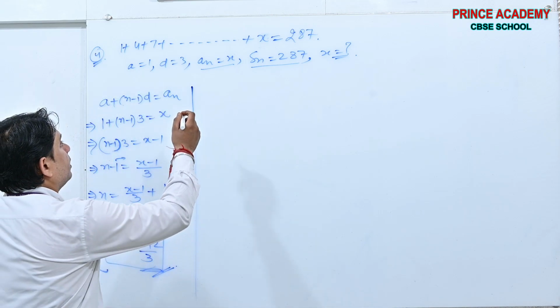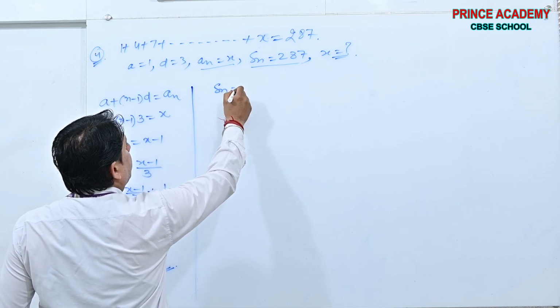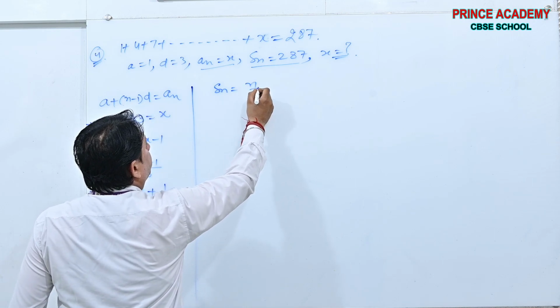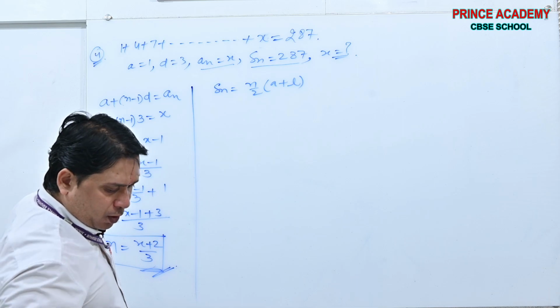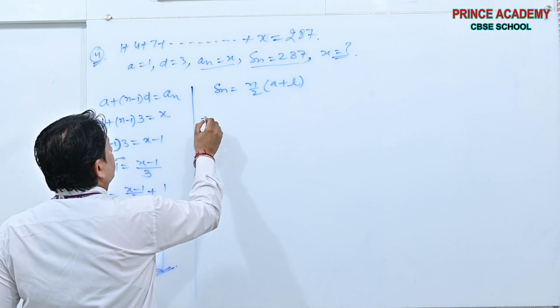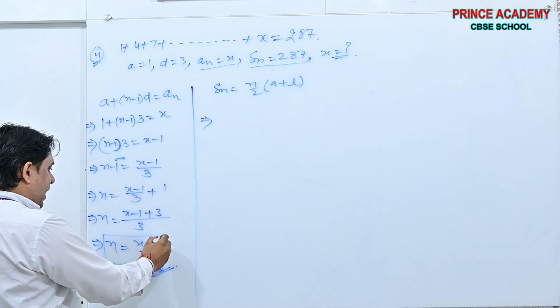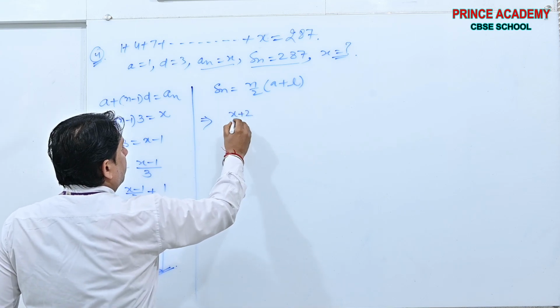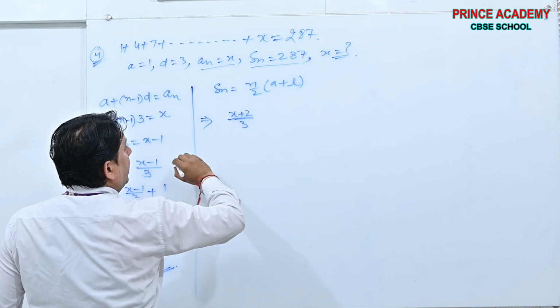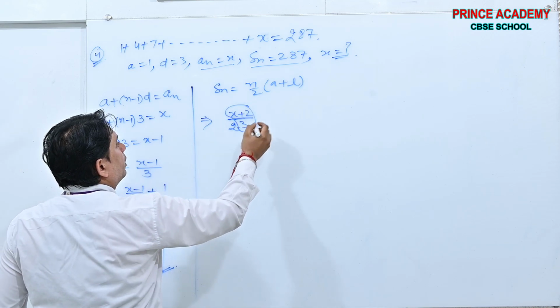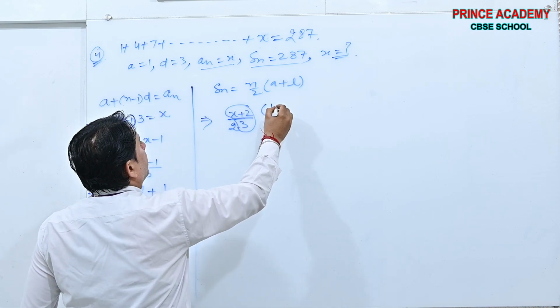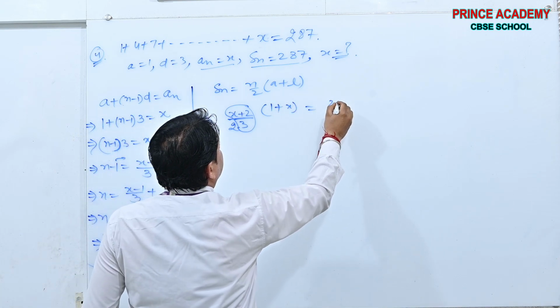Now the Sn formula. See beta, what is the Sn formula? n by 2 into (a plus l), yes or no? What is n? (x plus 2) by 3. This is n by 2 into (a plus l), and the sum is 287.